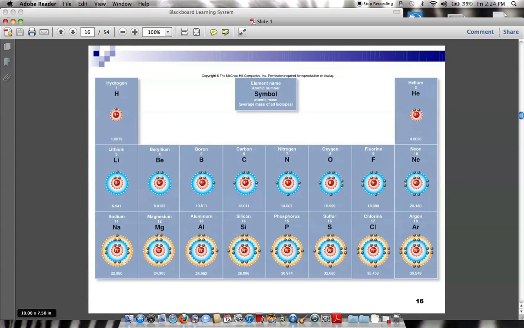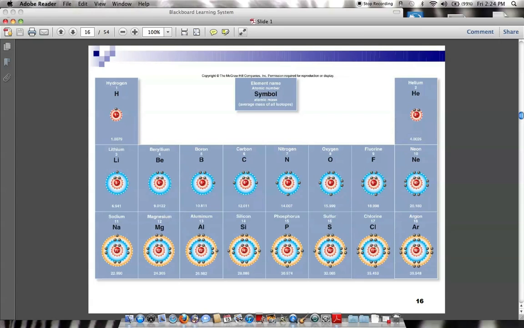For instance, sodium, we have our chemical symbol Na, and then we see that we have the first energy level here. The first shell is filled, the second shell is filled because there's 8, and then the third shell has 1. But the third shell will also fill with 8.